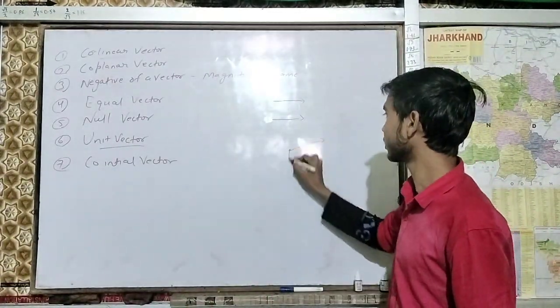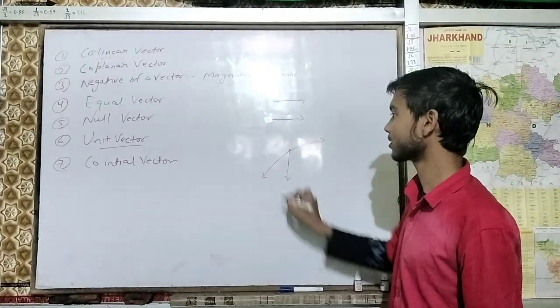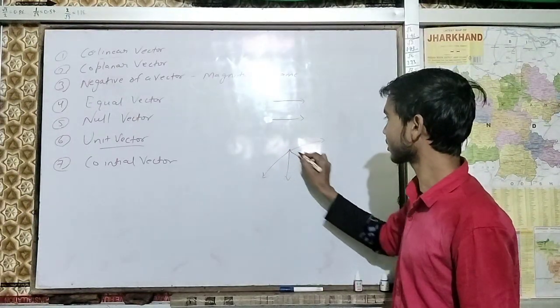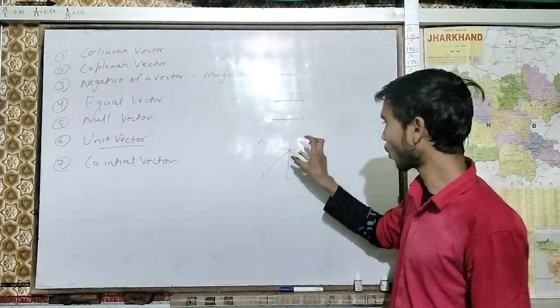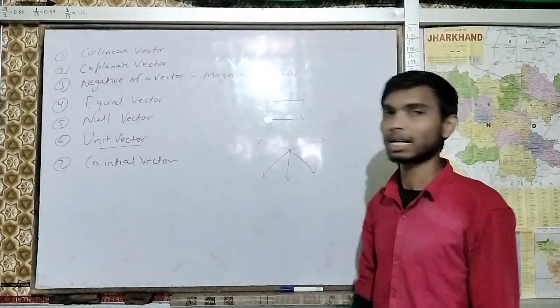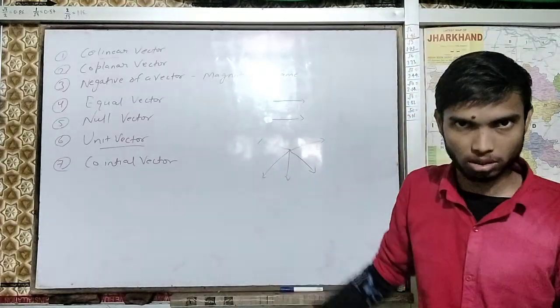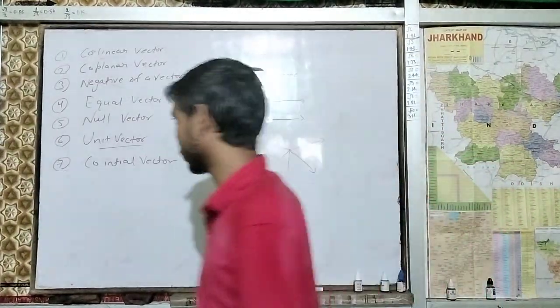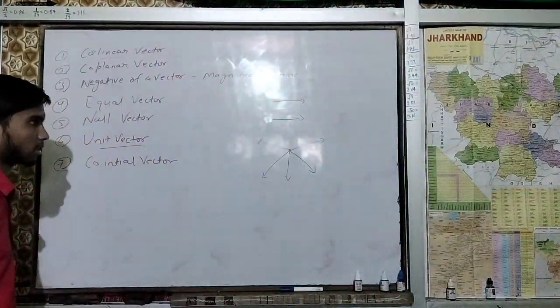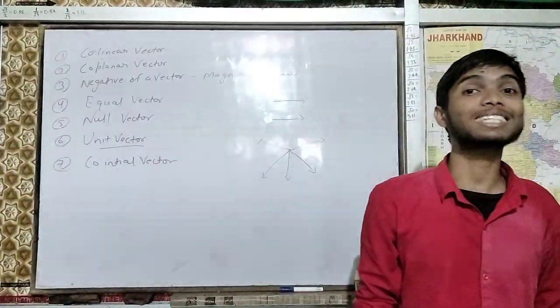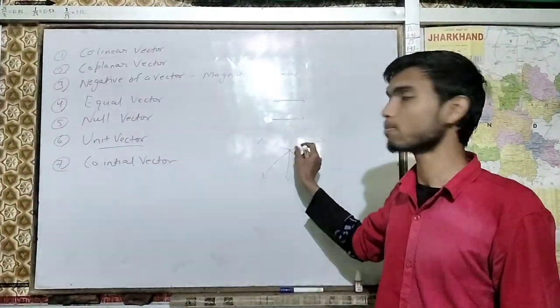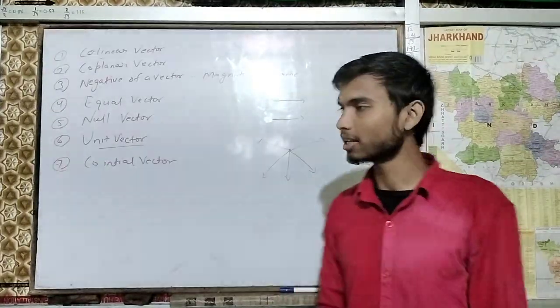The condition is that the tails of all these vectors should start from this initial point. This is the main point to define co-initial vectors. All these are vectors, but the tails of all of them start from this main point. Clear?